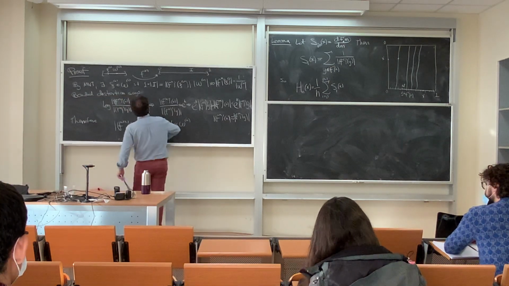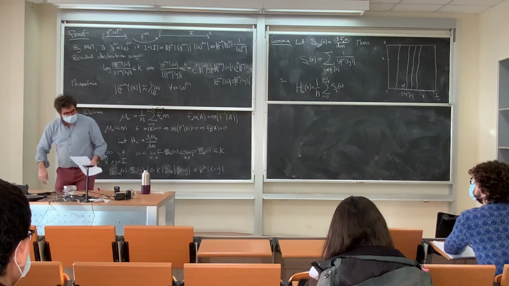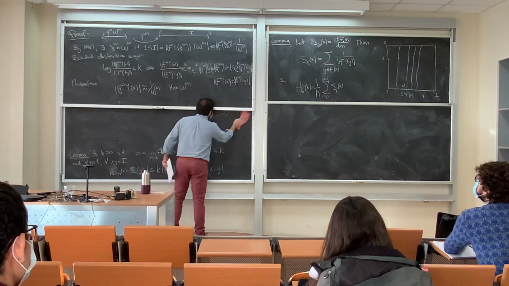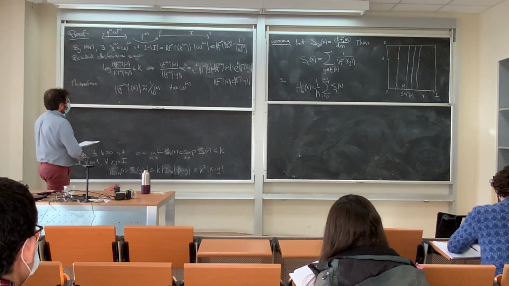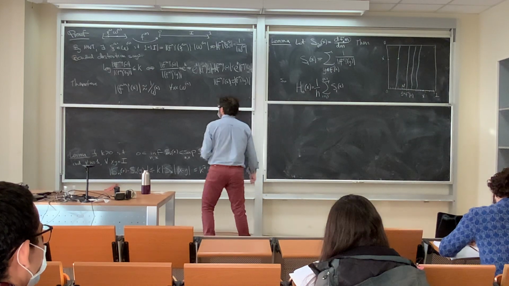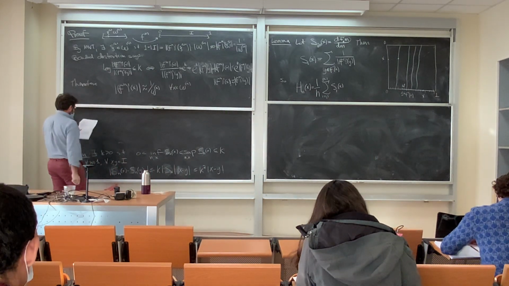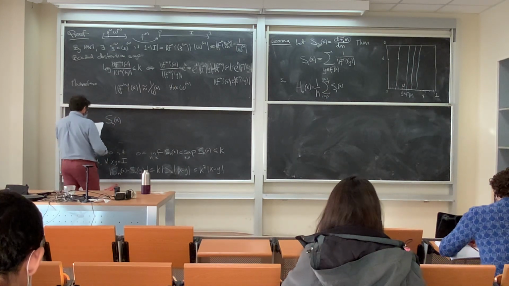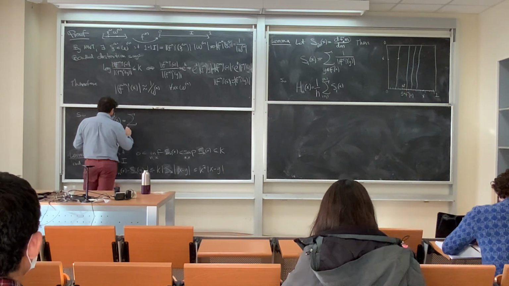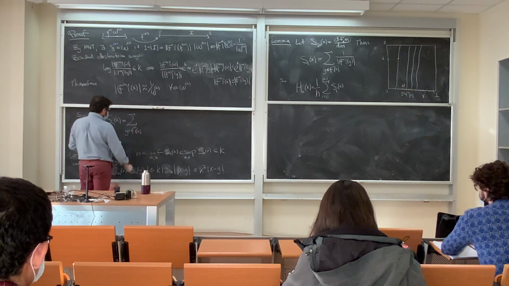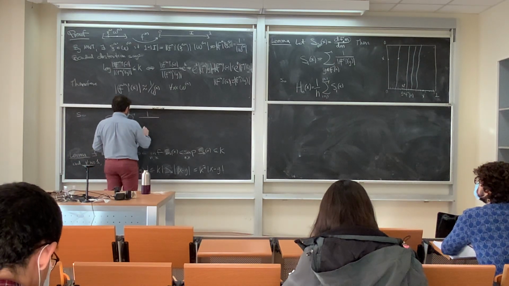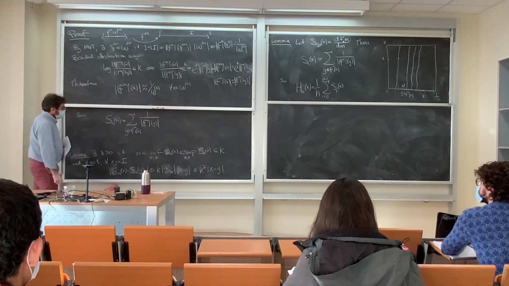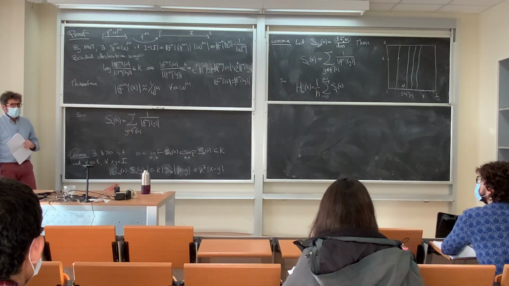Then that's it, because if you look at the derivative, S_n of x is equal to the sum over all y in f^{-n} of x of 1 over the derivative F_n prime at y.